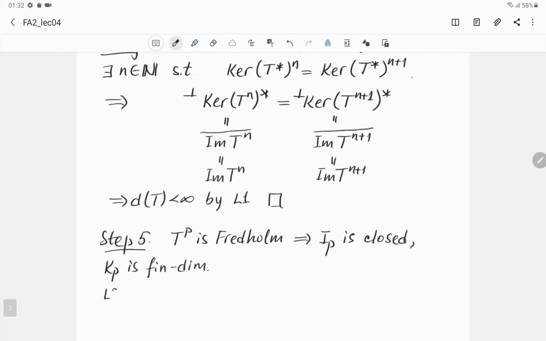So lemma 2 implies 3. Because T restricted to Ip is not just an algebraic isomorphism, but is also a topological isomorphism.